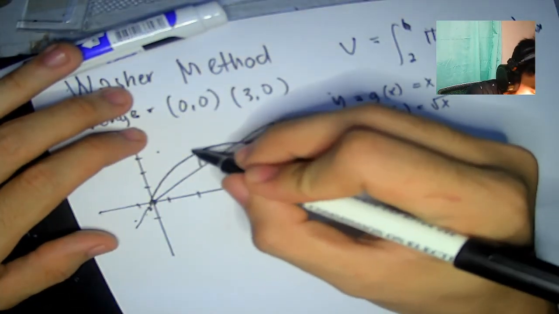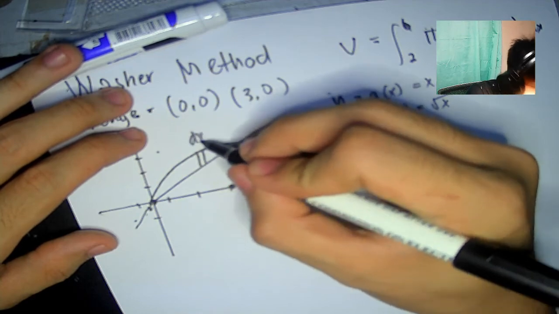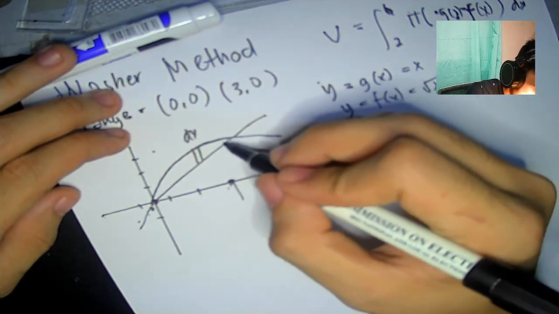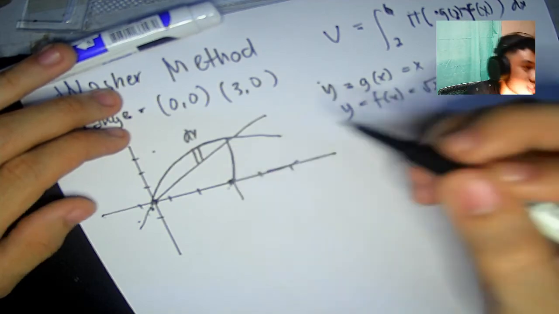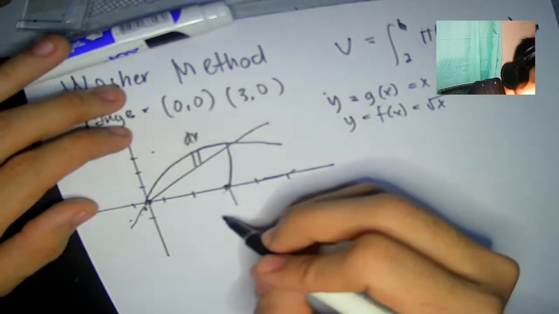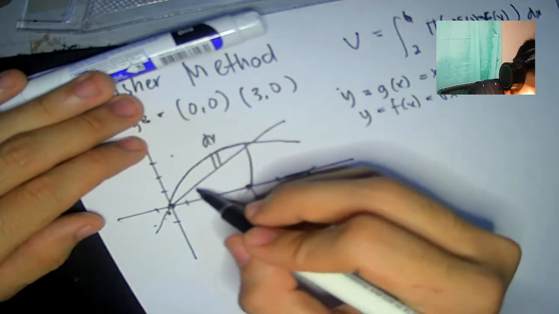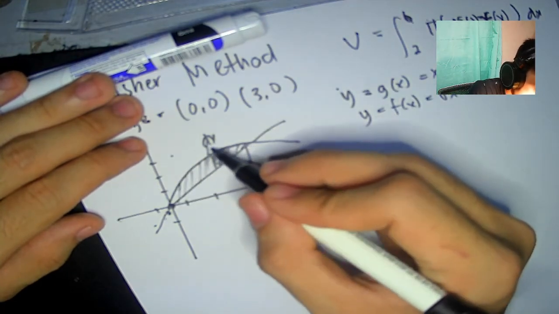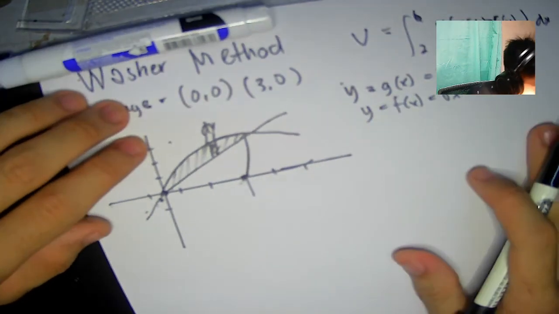So let's have our dx here. Dy, I mean, because our range is from 3, straight. This is the x.